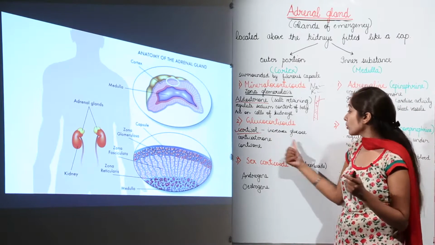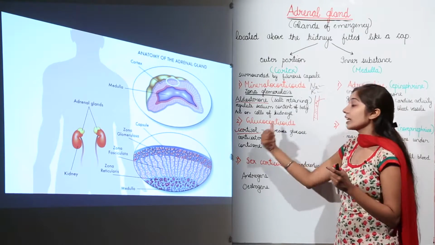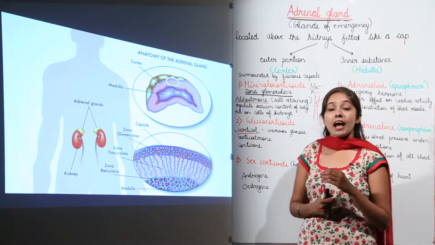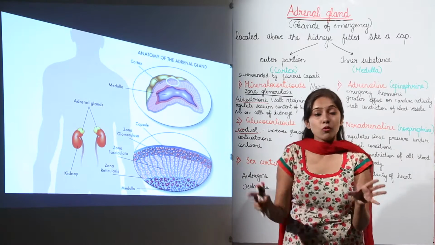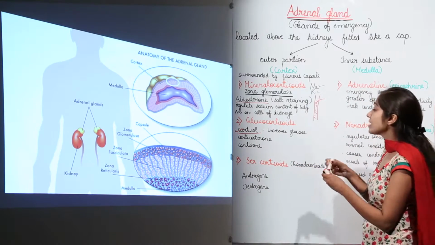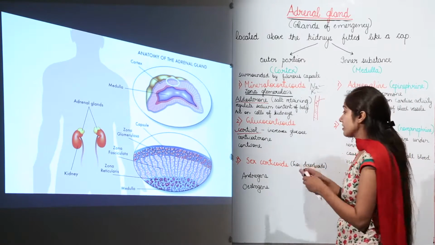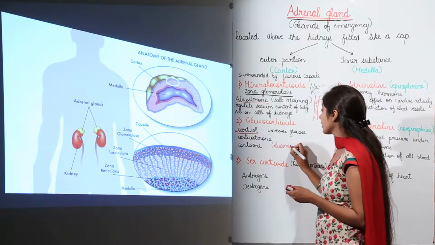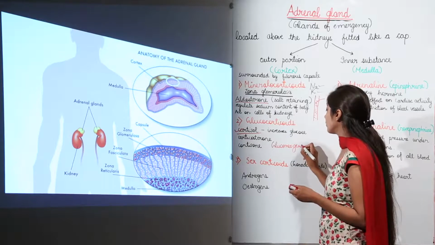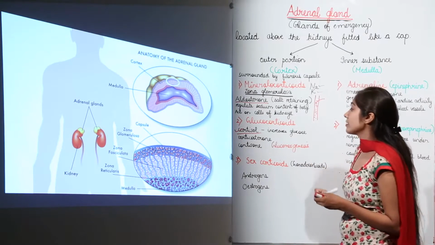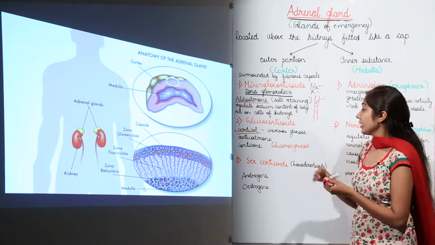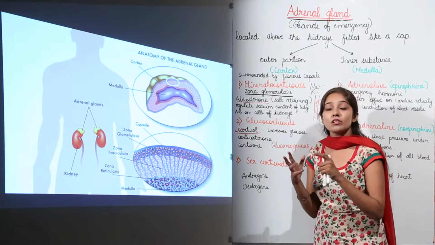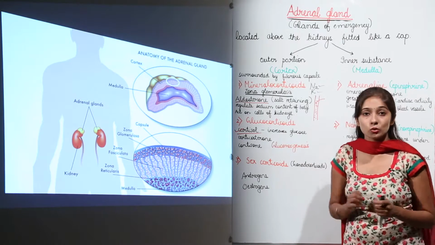So from the non-carbohydrate sources, they are going to form glucose, and they are going to increase the glucose content in your blood, and this process by which we can have glucose from non-carbohydrate sources is known as gluconeogenesis, meaning the increase in the glucose content by the metabolism of non-carbohydrate sources.